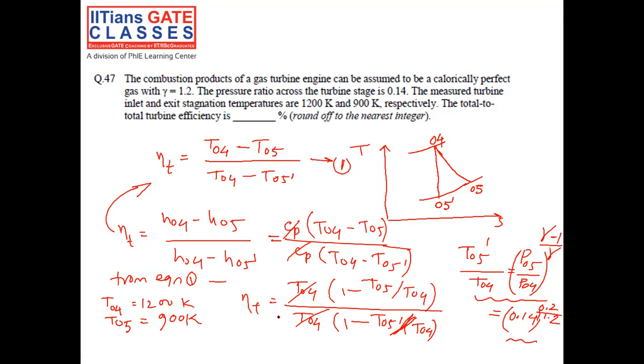If we substitute all these values in this equation for eta T, it will come to something around 0.8947, which is equal to 89.47%. This is the answer.